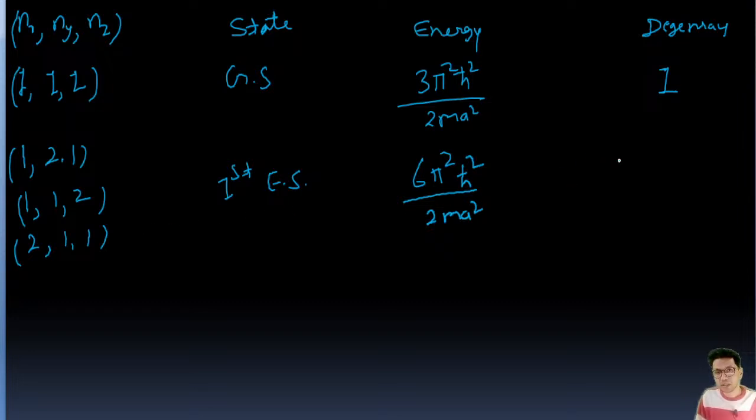So for this, the degeneracy is going to be 3, right. This is for the first excited state.